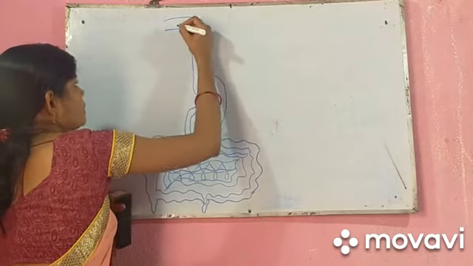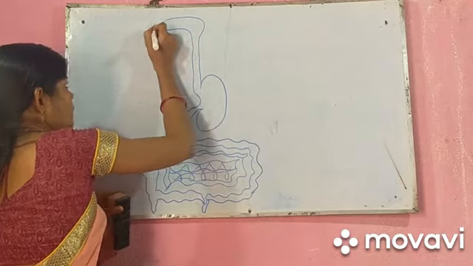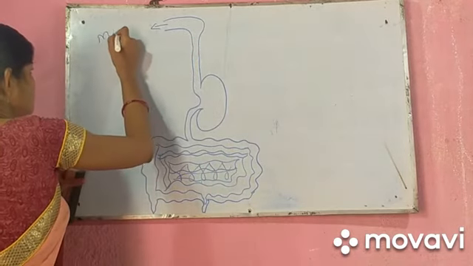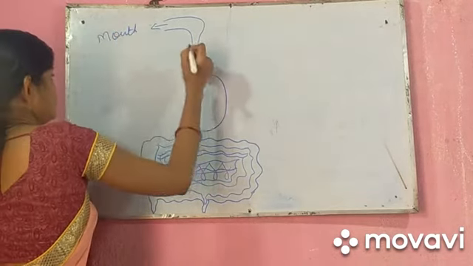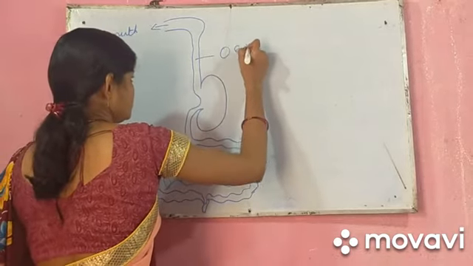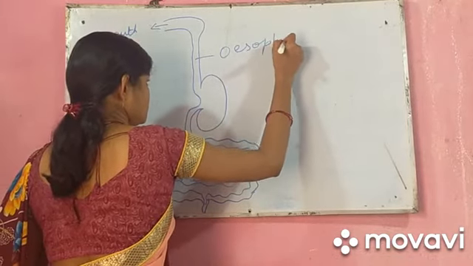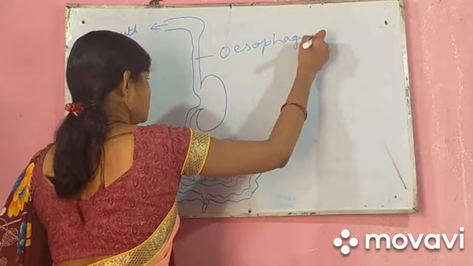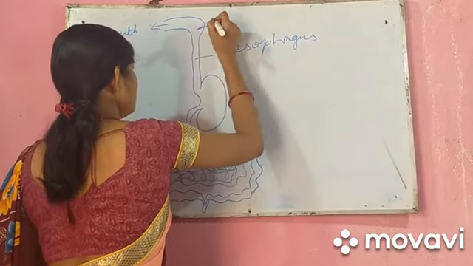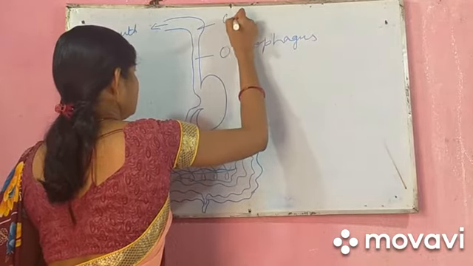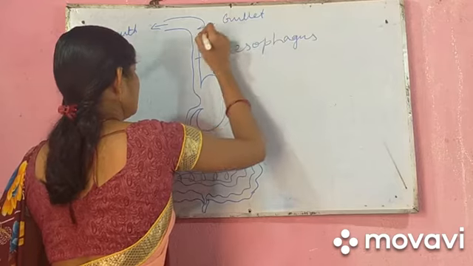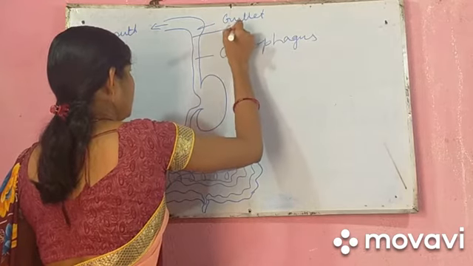So this is our mouth part. This is our esophagus. Here is the gullet. Here is the epiglottis.